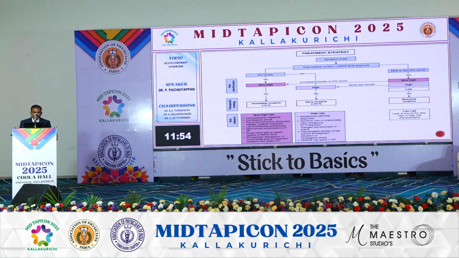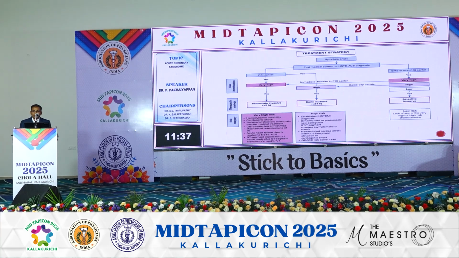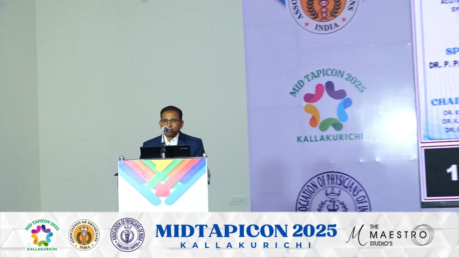Whereas if he is having less risk factors like ST depressions, resuscitated cardiac arrest without shock, or dynamic ECG changes, we can take a little bit time, that is, we can do the CAG in 24 hours. If a patient is presenting to a non-PCI center, we have to refer him immediately if he is a very high-risk patient, or within a day if he is a high-risk patient.